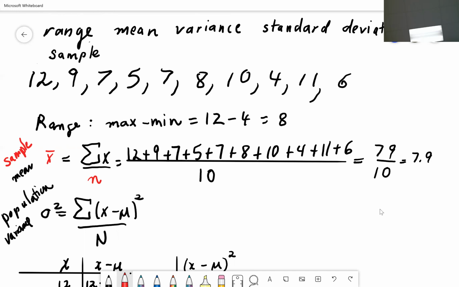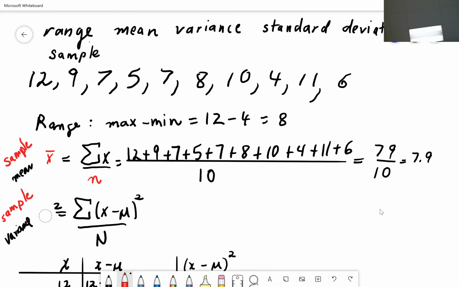So now let's talk about the formula for the sample variance. For the sample variance, we no longer use lowercase sigma.